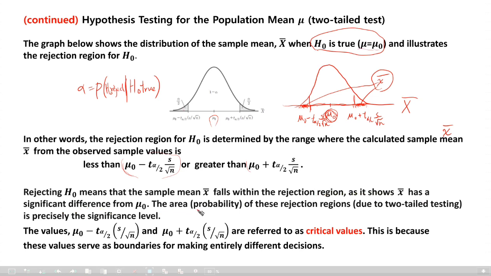The probability of these rejection regions due to two-tailed testing is precisely the significance level alpha. So these two values are referred to as critical values. It is critical because these values serve as boundaries for making entirely different decisions. Get it?